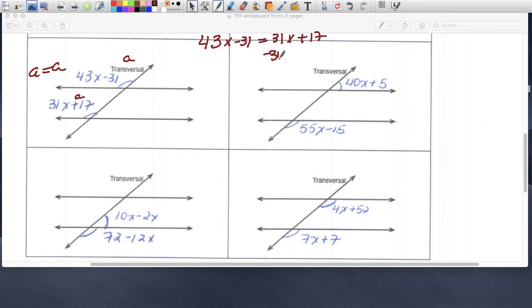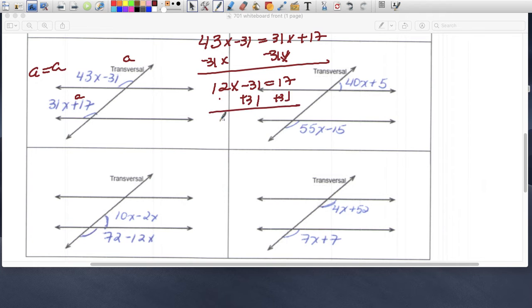Let's do minus 31x, minus 31x. So this is going to be 12x minus 31 equals 17, plus 31, plus 31. 12x equals 48. Divide by 12, divide by 12, and x equals 4.